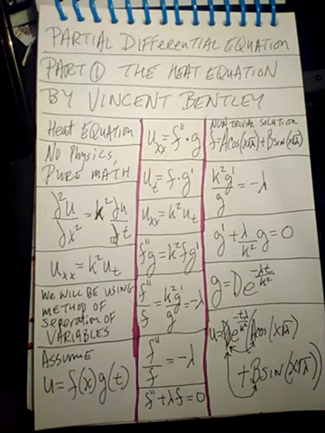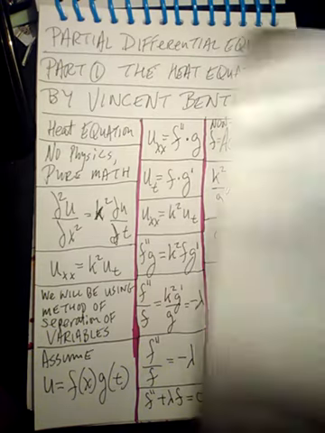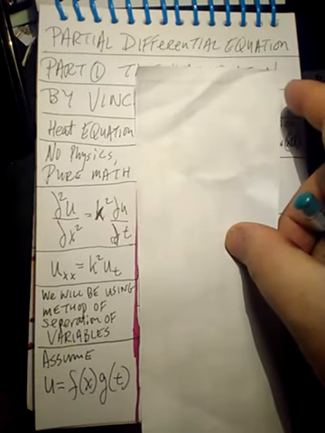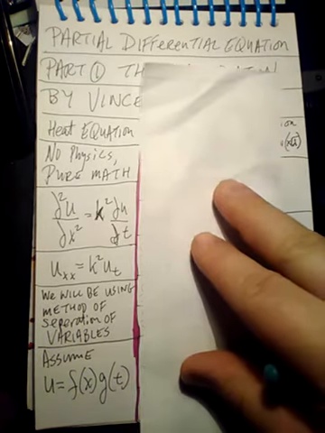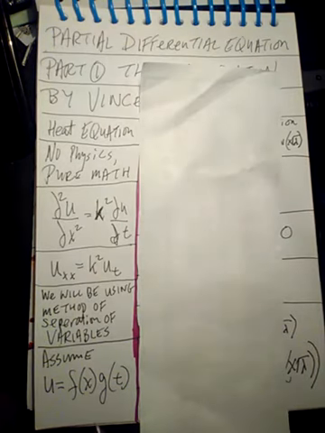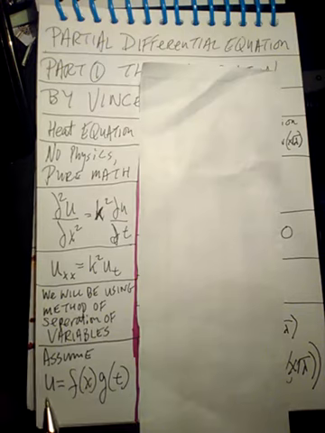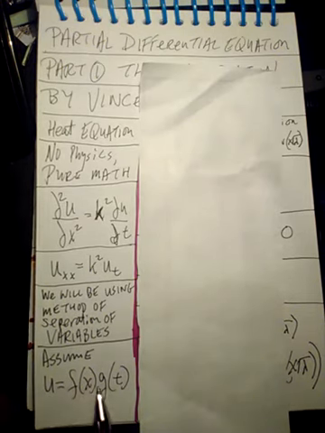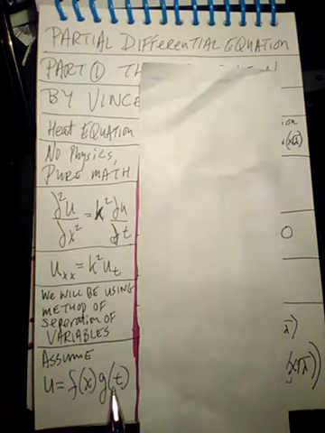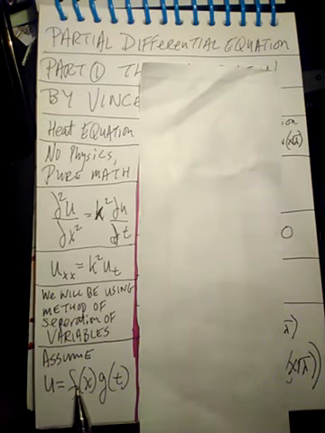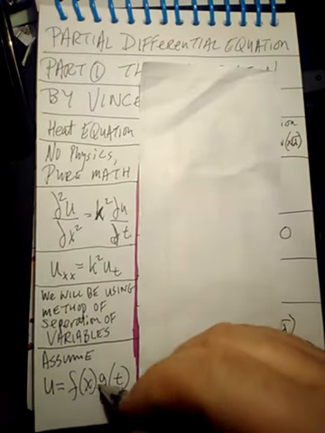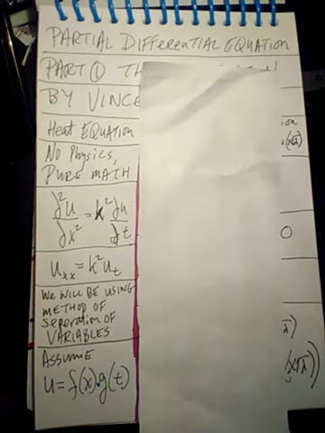In this lecture, we will be using something called the method of separation of variables, and our first step is to assume that u is a function of x times a different function of t, not necessarily the same function. So we assume u equals f of x times g of t.